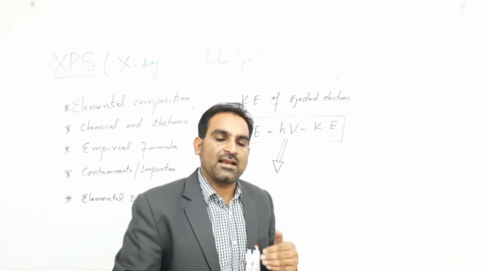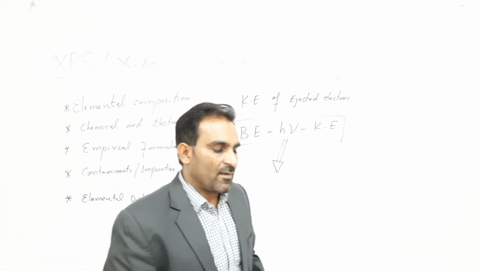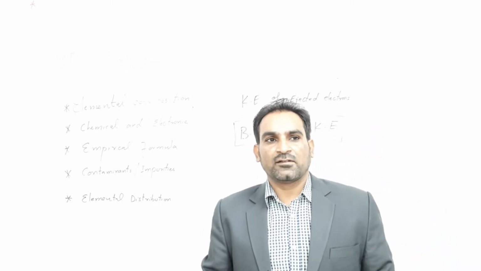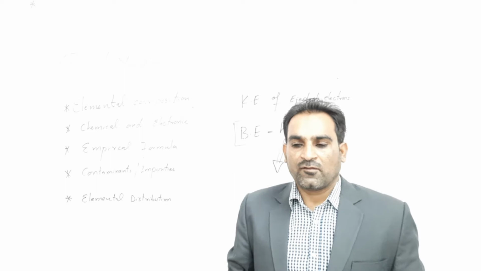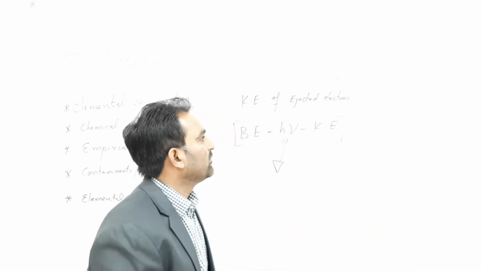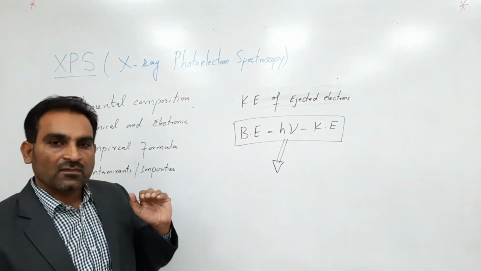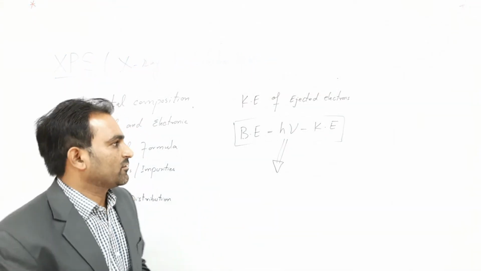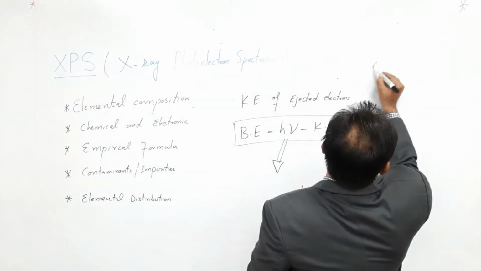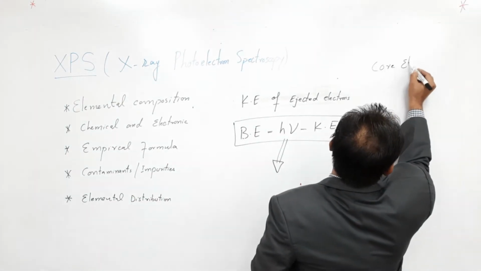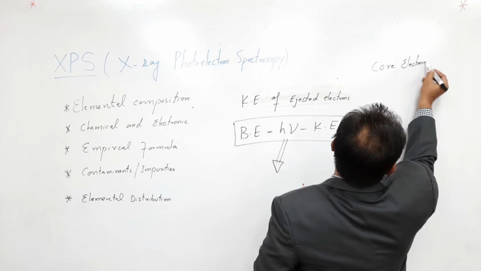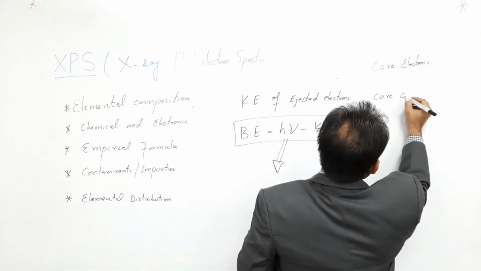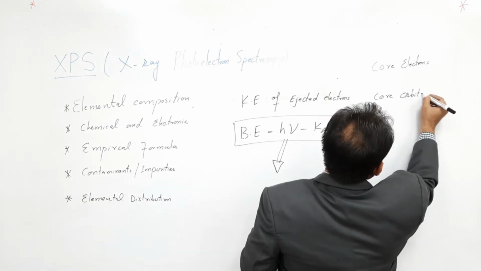In a particular analysis, a beam of X-ray interacts with your material. Which part of the material? It interacts with the core electrons. Which electrons? Core electrons. You can say electrons present in core orbitals.